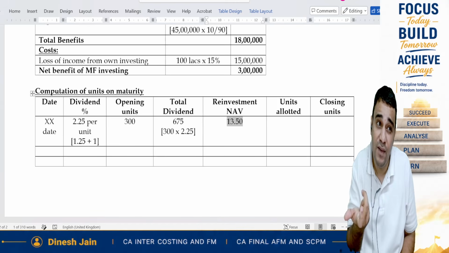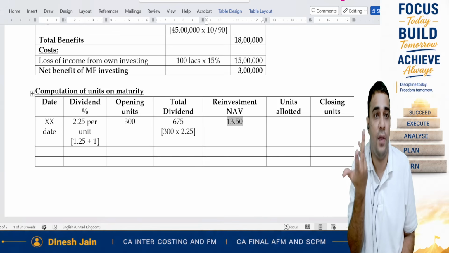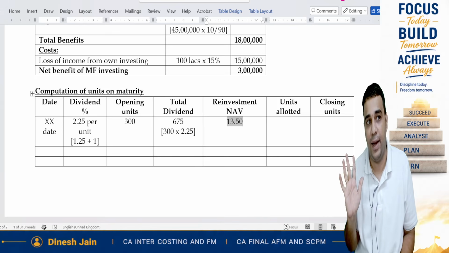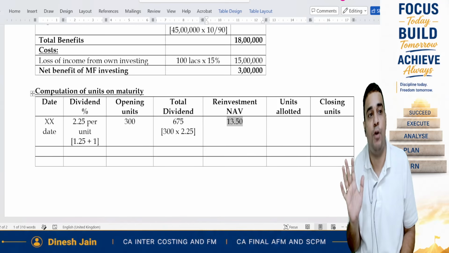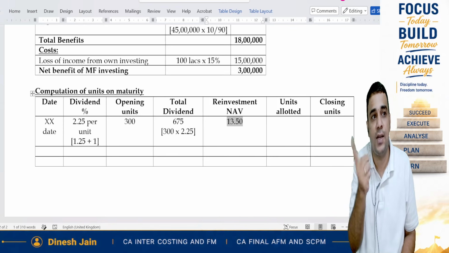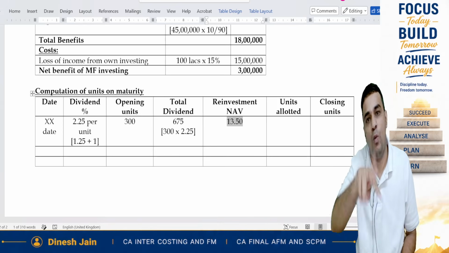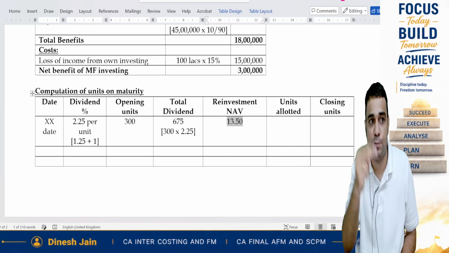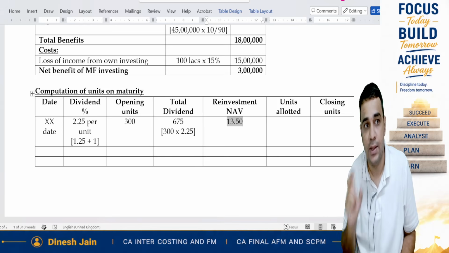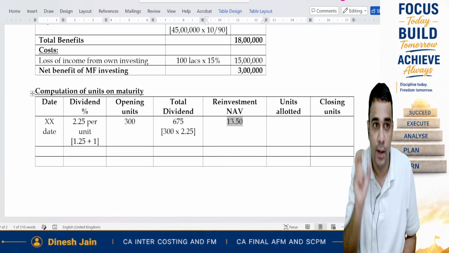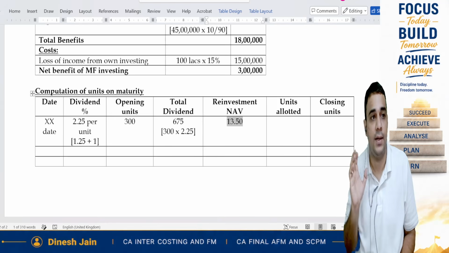What will be the reinvestment NAV? We don't know, because on that day, we have no idea. I have altered the problem and made it 13.5. The printed answer was 12.5. Once the solution is done, I'll explain how the reinvestment NAV impacts the return. This is a very important number. It will impact my returns in the end.